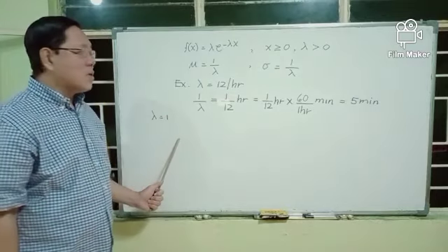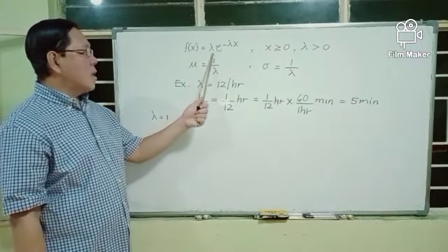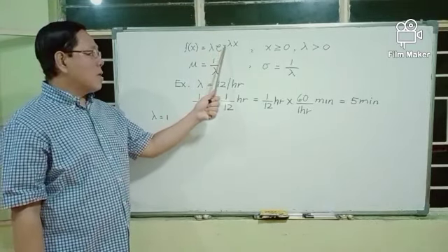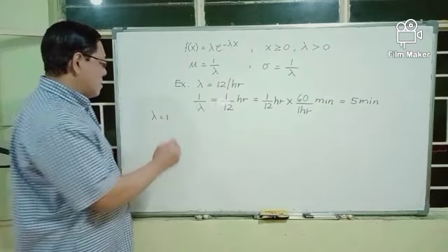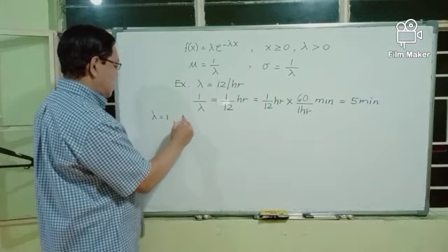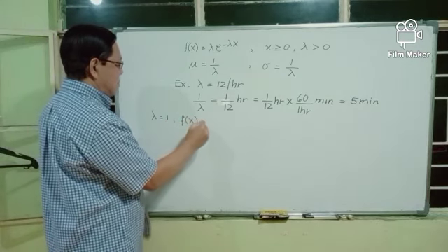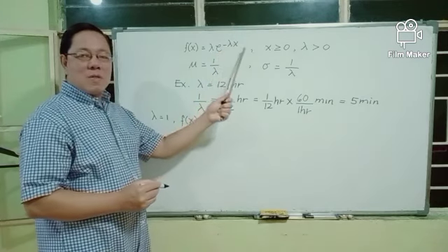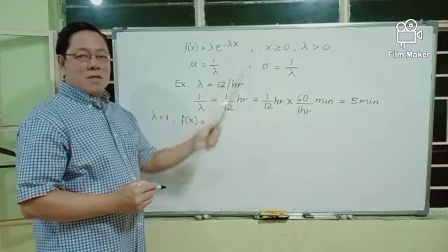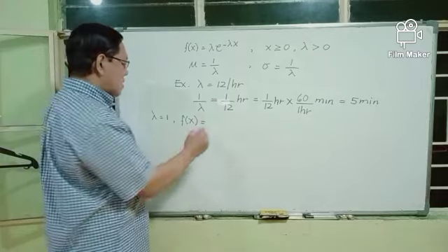If lambda is equal to 1, f of x equals 1 times e to the minus 1 times x, or e to the minus x.